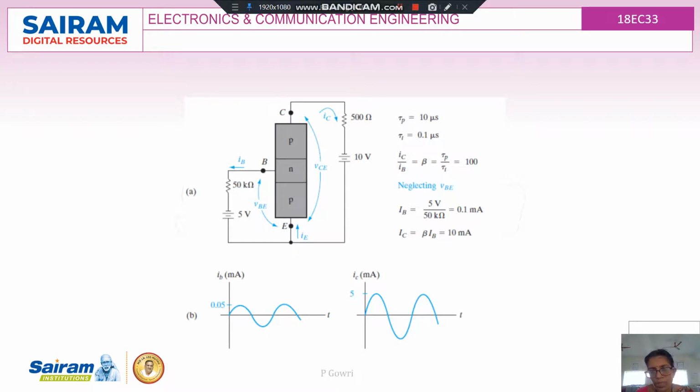Using the given values, I can find my beta is equal to 100. So if IB is equal to 0.05, then IC will be equal to beta times 0.05. So the maximum value of IC will be equal to 5 milliamps. So 0.05 milliamps will be amplified and we will get 5 milliamps.